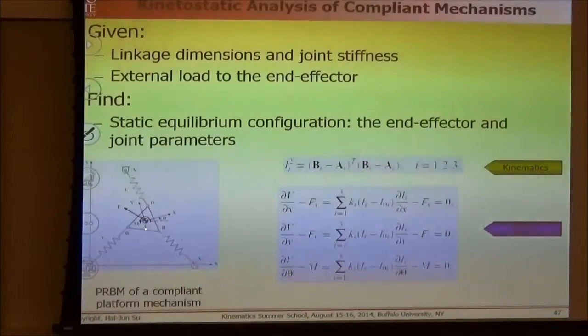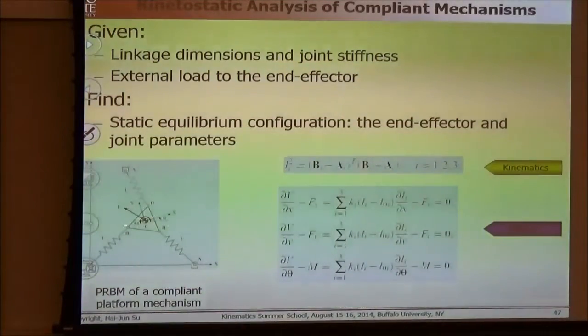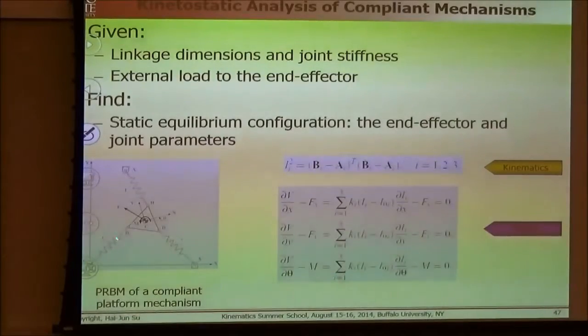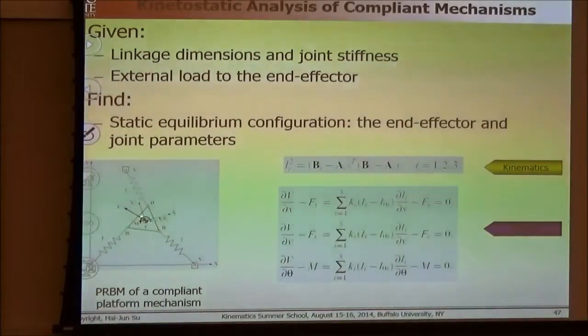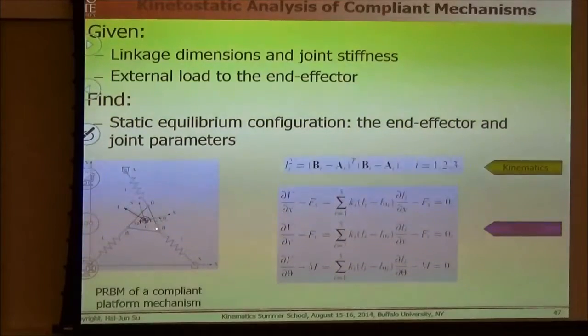You have a platform with these springs. You apply a given force and moment to the platform, and the goal is finding the equilibrium configuration of the platform.